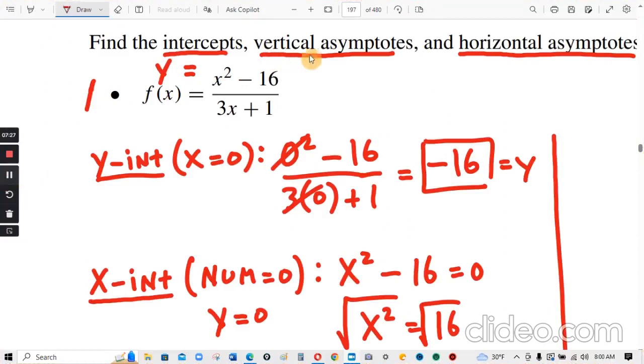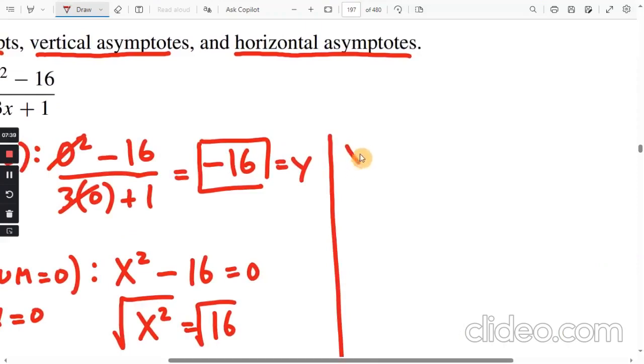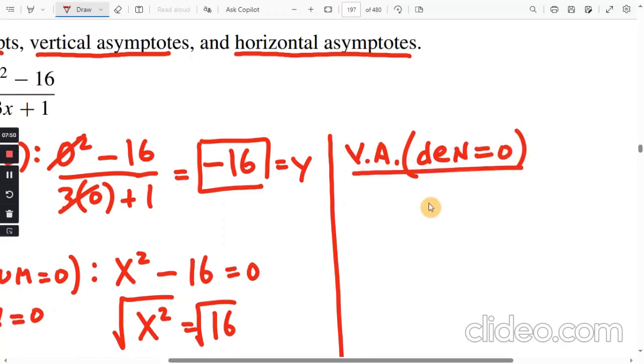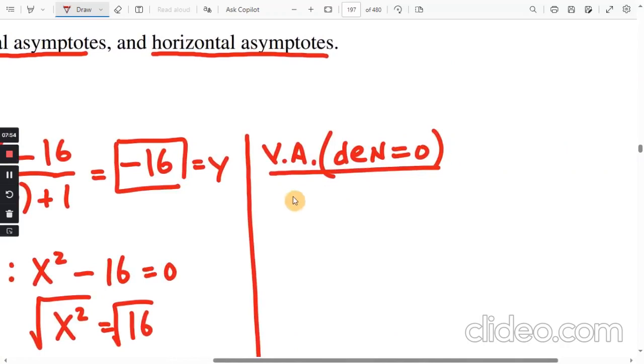All right, next up, vertical asymptotes. We said in the notes for the vertical asymptote, you set the denominator equal to 0. I'm just going to write VA for vertical asymptote, and I'll write in parentheses, denominator equals 0. So that's going to be 3x plus 1 equals 0.